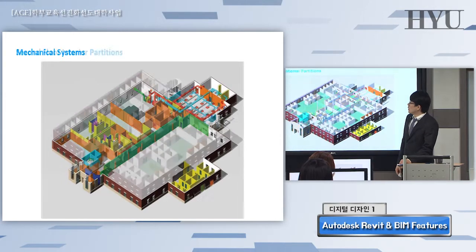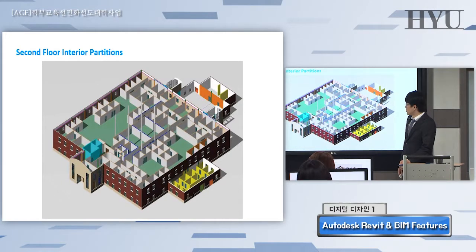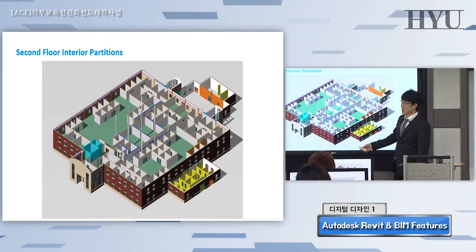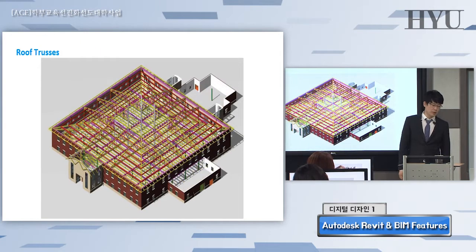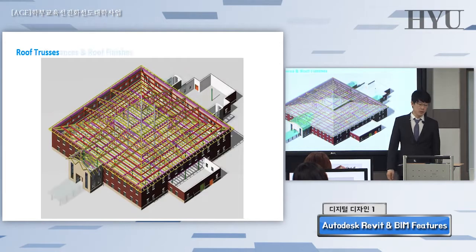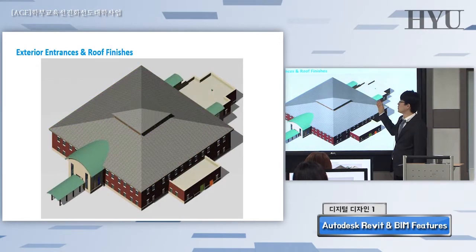And the second floor has interior partitions, interior finish walls, doors, a number of interior window objects, and so on. How about this? Trusses for sustaining the roof, and the entire roof objects can be visualized in this way.